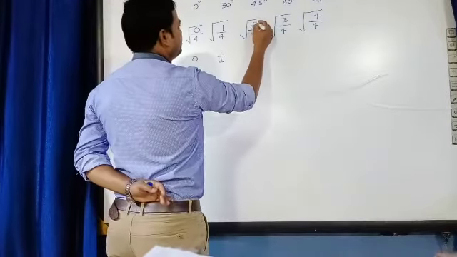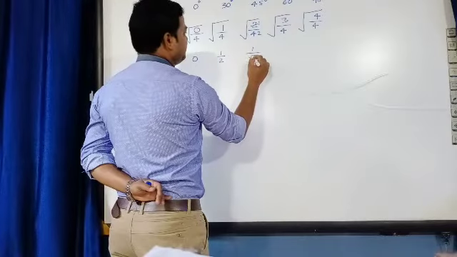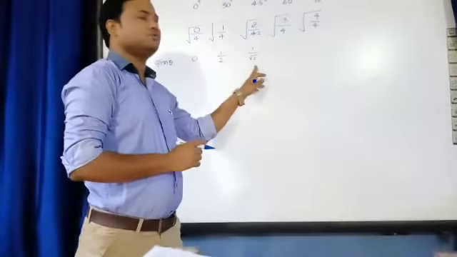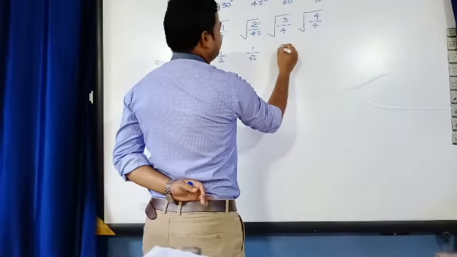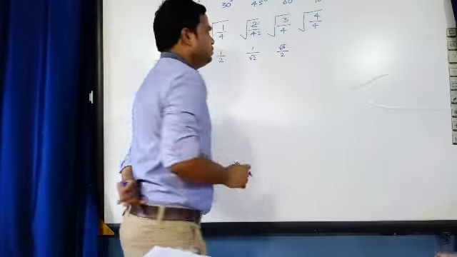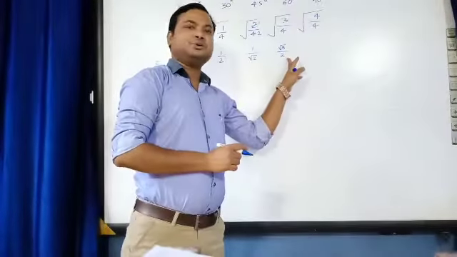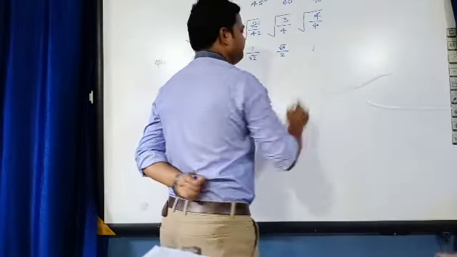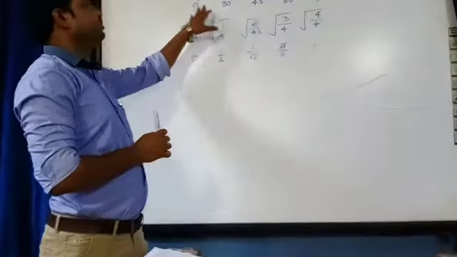Now here 2 1 is 2, 2 2 is 4, it means 1 by root 2, so the value of sin 45 is 1 by root 2. Now root 3 by root 4 equals root 3 by 2. It means sin 60 is equal to root 3 by 2. And in this last one 4 4 cancel. In this way we can easily calculate the values of sin.